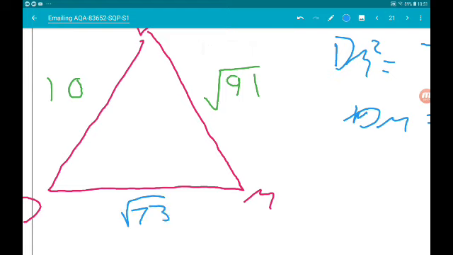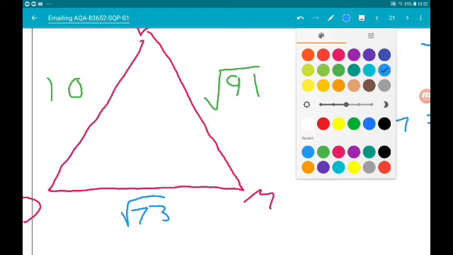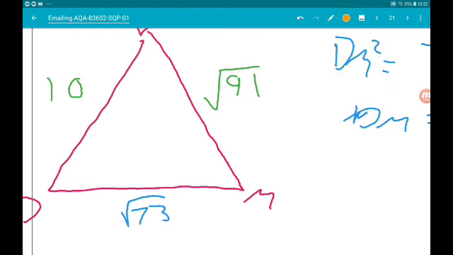Okay, so now we are in a non-right angled triangle where we know 3 side lengths. So we can work out any of these angles using the cosine rule. So it's this angle here that we want.